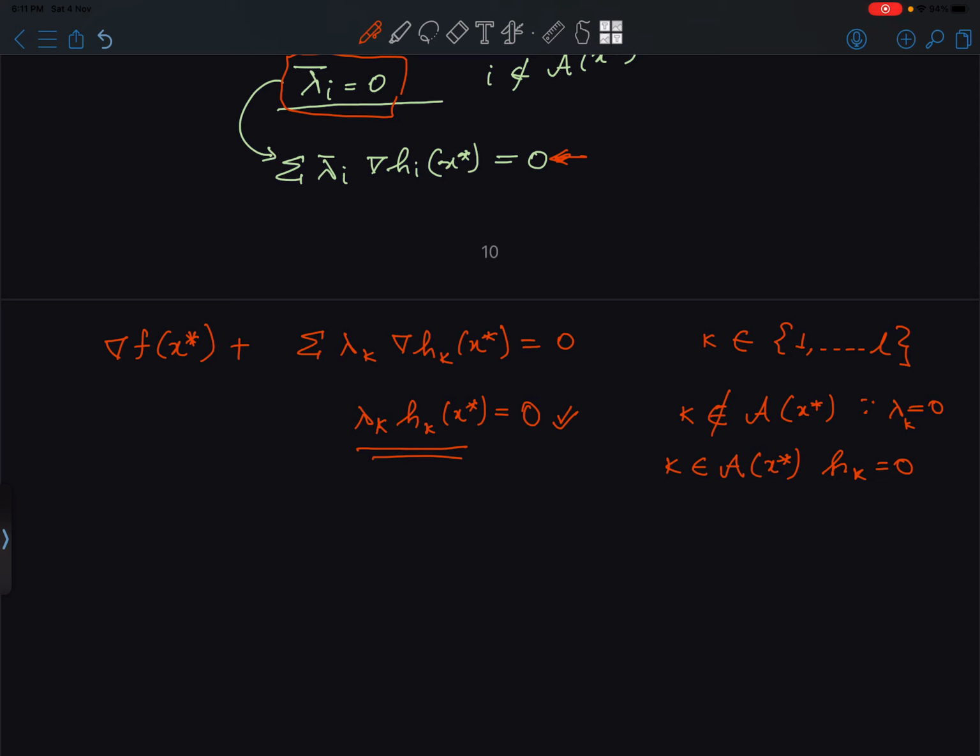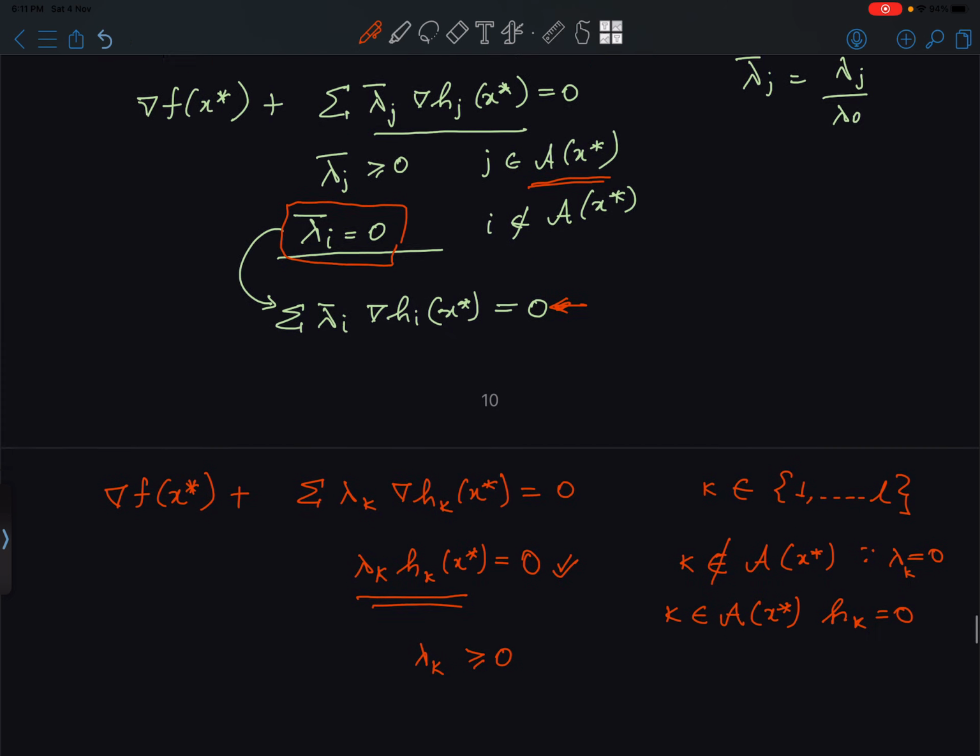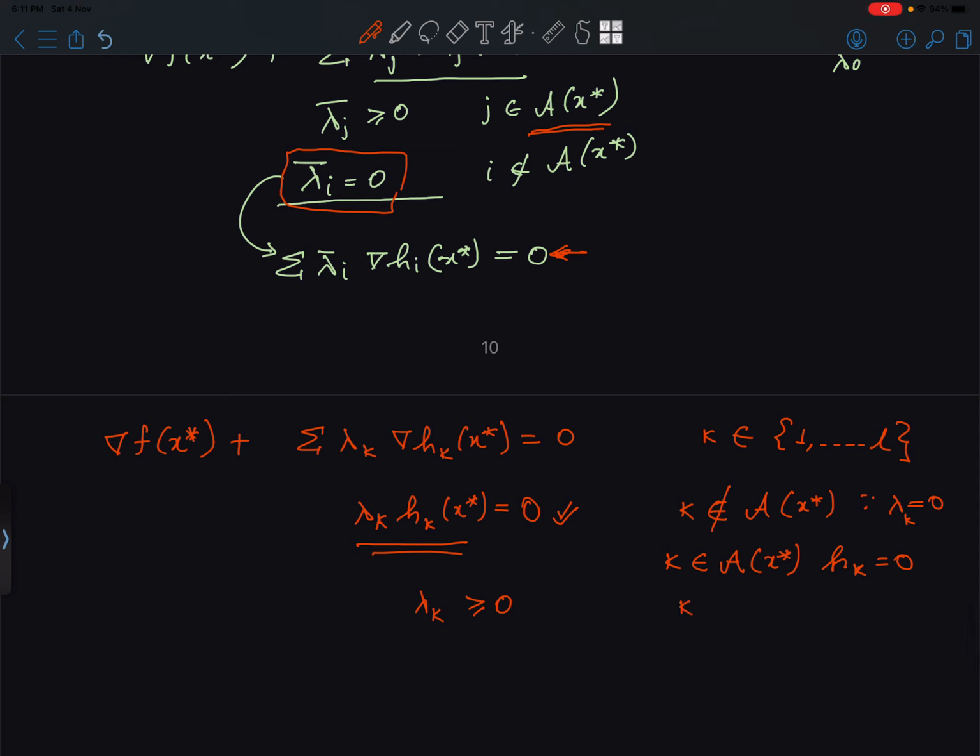And the other condition is that all the lambda k's are greater than or equal to 0, because for k which does not belong to the active set, lambda k is 0, and where k belongs to the active set, lambda k is greater than or equal to 0.